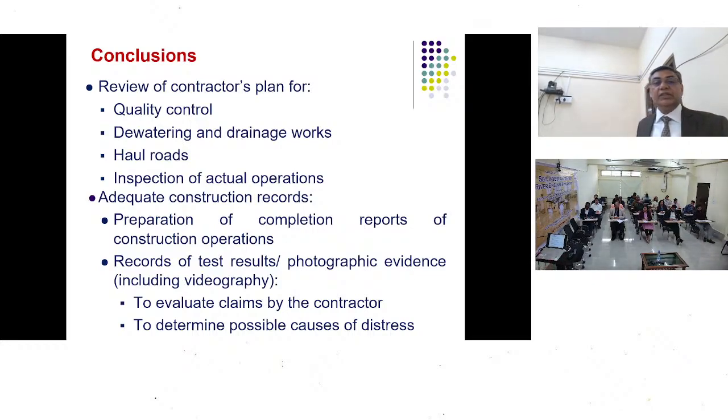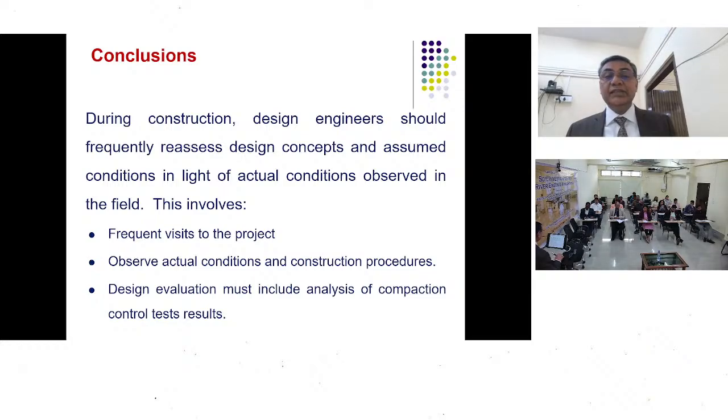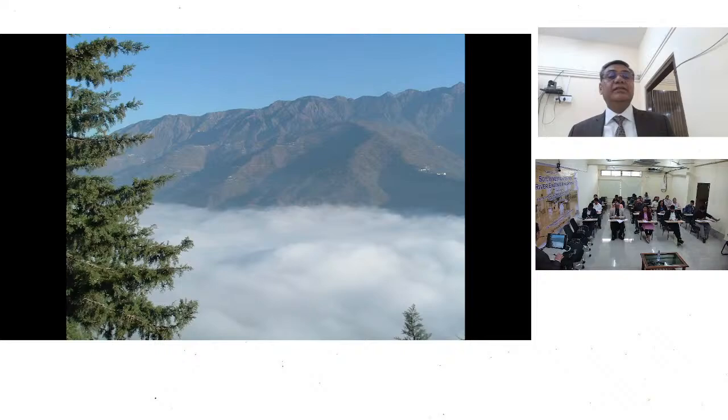So, adequate construction records should be there: preparation of complete reports, records of test results, photographic evidence, and evaluating claims by the contractor to determine the possible causes of distress. During construction, design engineers should frequently reassess design concepts, make frequent visits, and observe actual conditions and construction procedures. Design evaluation must include analysis of compaction control test results.